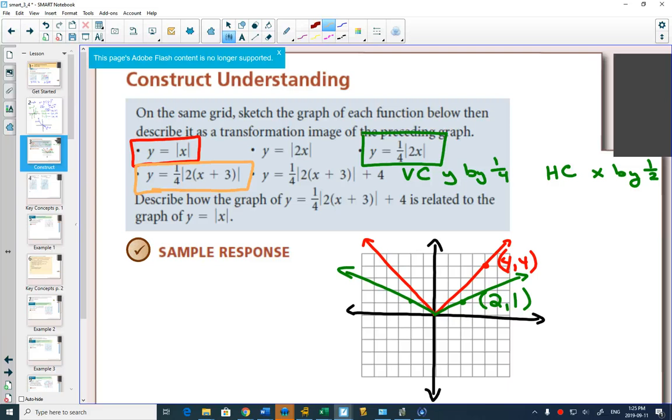And that x plus 3 is inside the function. And what happens when something's inside? It affects it horizontally. That plus 3 is going to move it 3 to the left. So now my green graph has to get moved 3 to the left. So I'm going to have a point here. Oops, there.